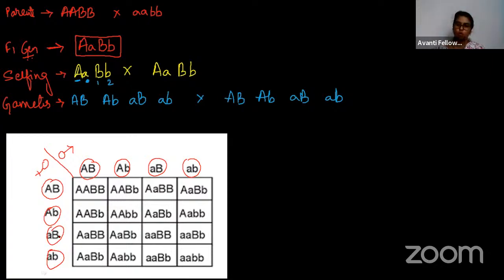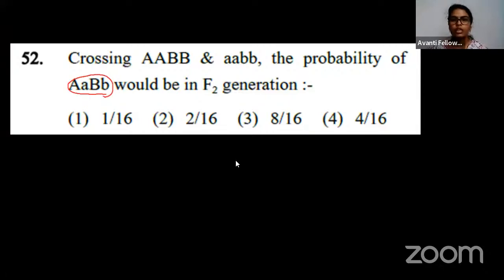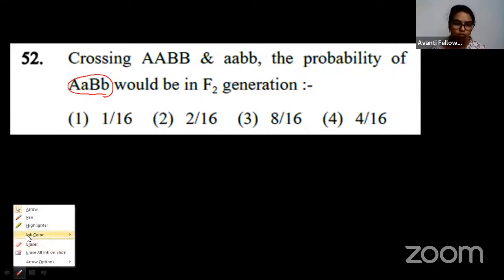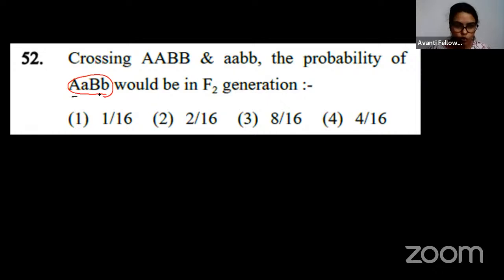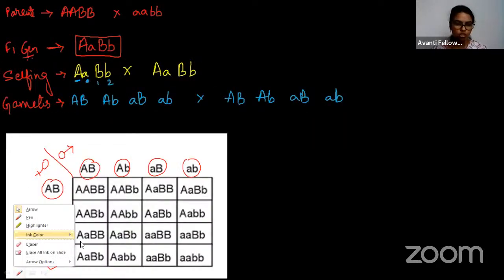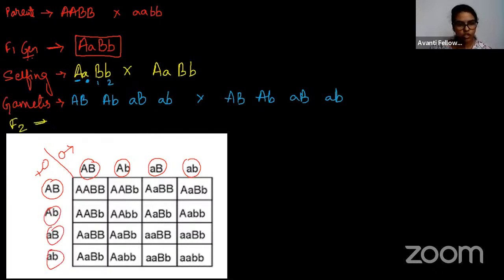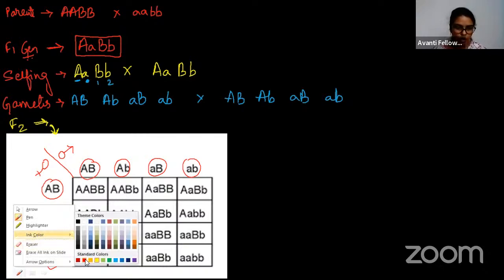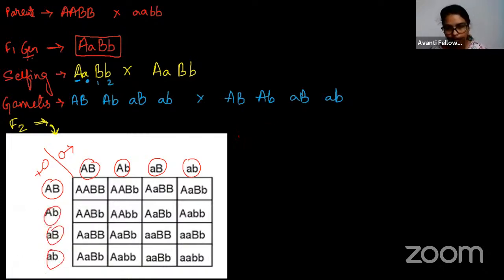Now what you have to do is see the probability of this combination in the F2 generation. This is your F2 generation. So let us count here. What are we expecting? I will write here.